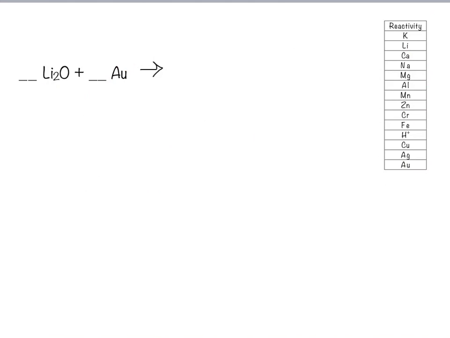Gold is found in what's known as a native state. It's found in its free, uncombined form. You can take gold, bury it out in your yard, go dig it up in a couple hundred years. Guess what? It's still going to look like gold. It's still going to be shiny and lustrous. The reason being, it's not super reactive. It doesn't even oxidize. So this one would be no reaction. And that's all you have to put.